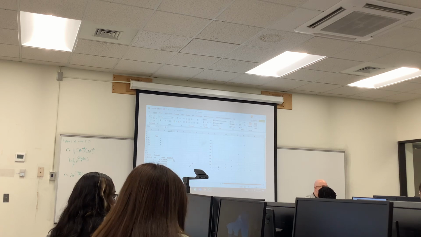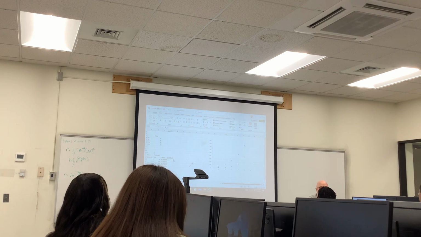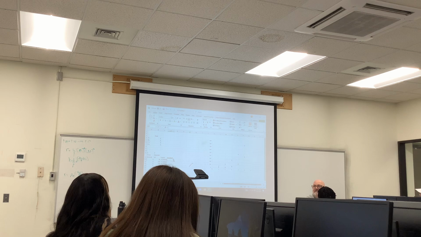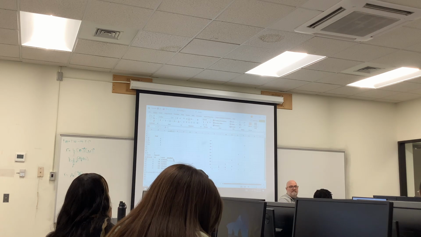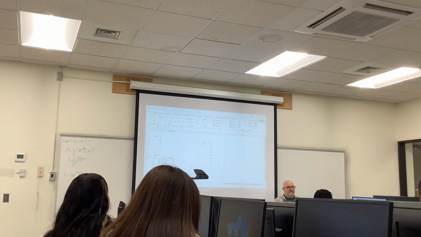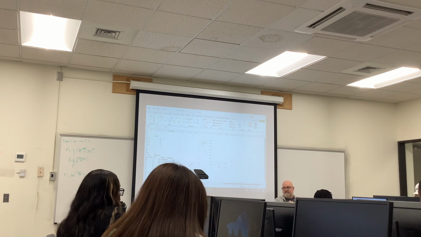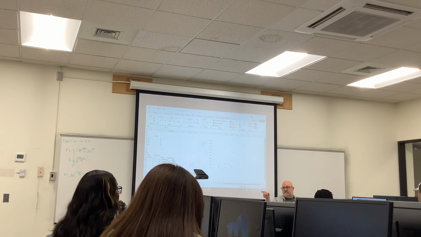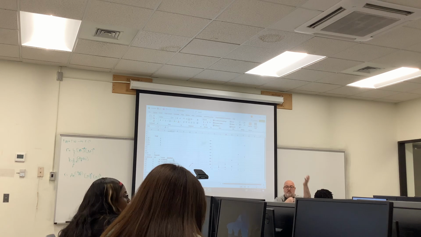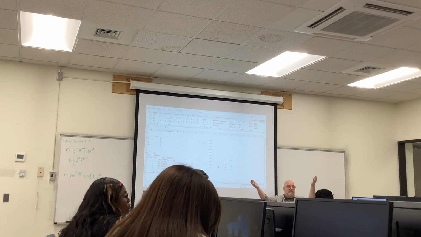Okay, what's residual? What does the actual residual represent? Y'all remember? Distance between your expected. Yeah, it's the difference between your actual y value and your predicted y value by your model.